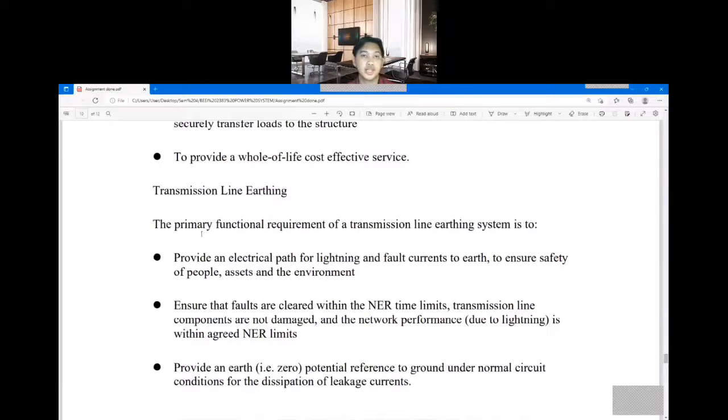Right, so the primary function of transmission line earthing is to provide electrical path, ensure the faults clear within any required time limit, and provide an earth potential reference to ground under normal circuit conditions for the dissipation of leakage currents.